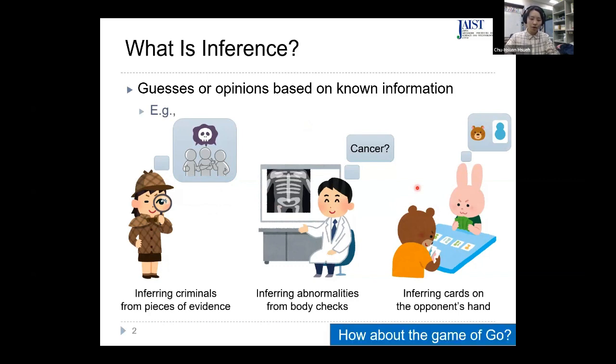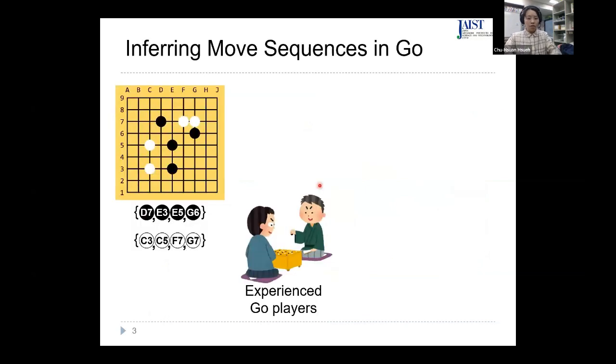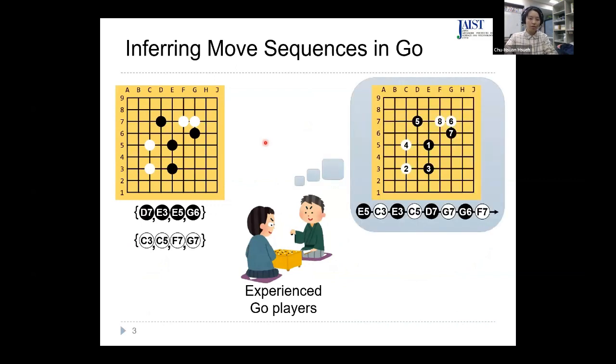Then how about the game of Go? When seeing such a stone arrangement, experienced Go players can usually infer the move sequence, that is, in which order the stones are placed. And we wonder how computers can do this.